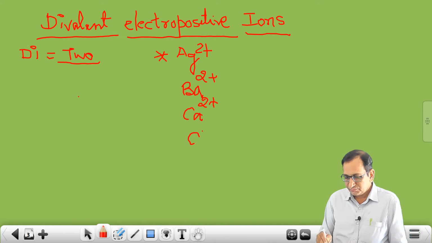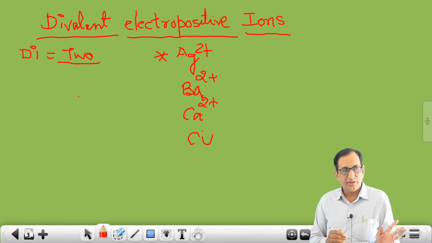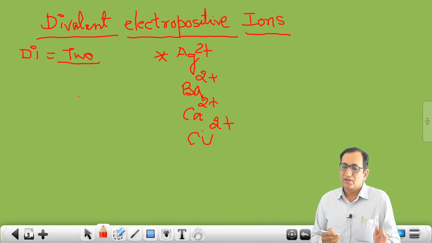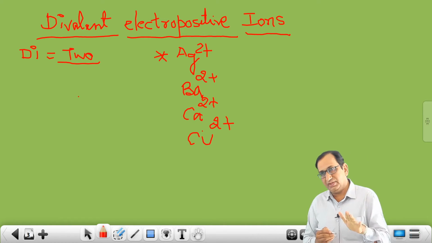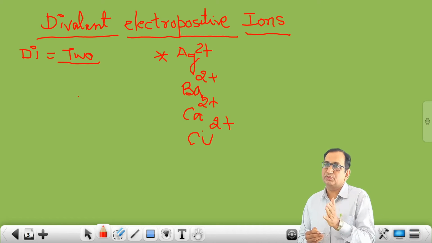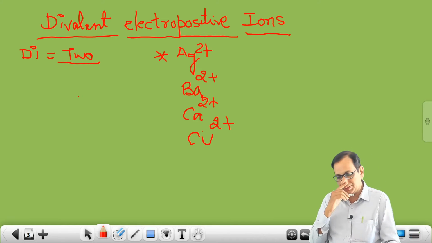Next is copper. Earlier in monovalent electropositive we discussed Cu plus, and here again Cu 2 plus. It means copper has got plus 1 valency and also plus 2, because of the variations in the valency.